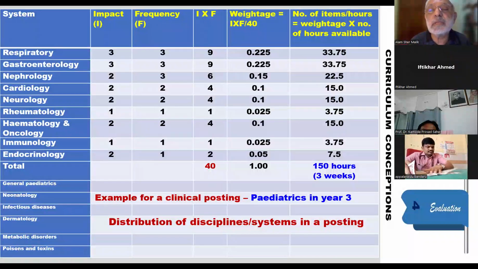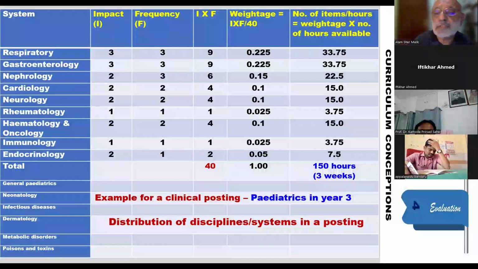And this would be the weightage. And then based on this weightage, we can allocate the time, which is, let's say, a total of 150 hours, how much time we can allocate to this system in our posting, and that would be, let's say, 33 hours. This is based on identifying the time distribution among different systems in a single posting.